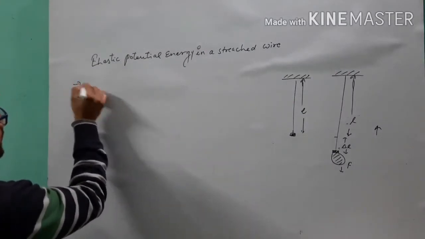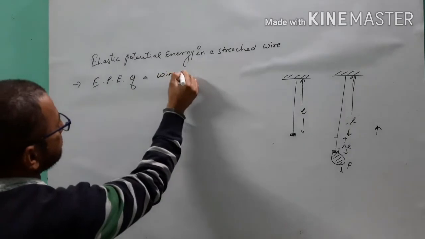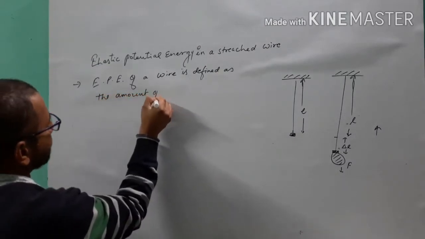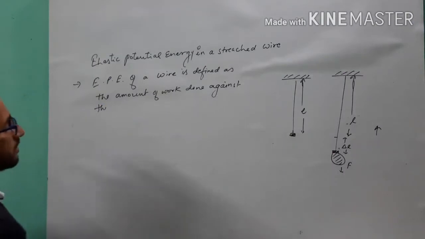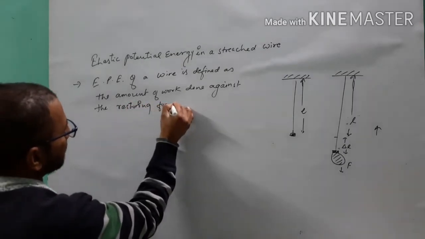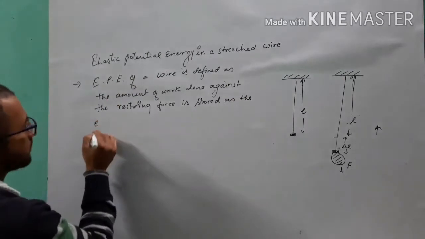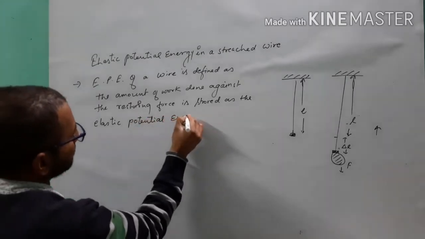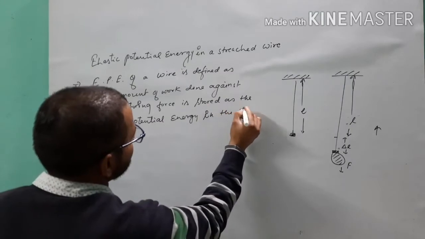So here we can define the elastic potential energy of a wire as the amount of work done against the restoring force, stored as the elastic potential energy in the stretched wire.